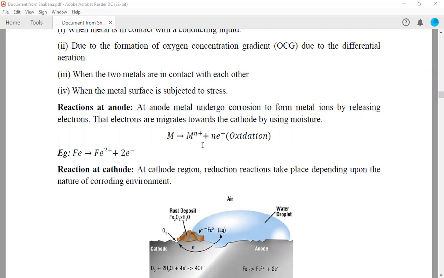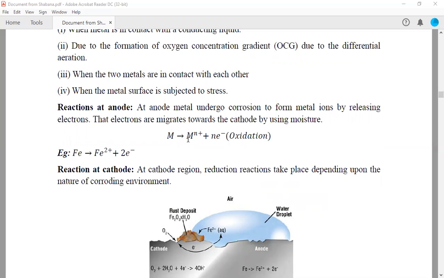Coming to the reactions that take place at the anode and cathode after their formation, the same concept I explained in electrochemistry applies: at the anode, oxidation takes place by the release of electrons, and the metal is ionized to its respective ions.